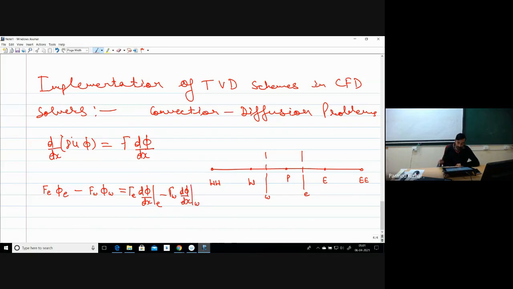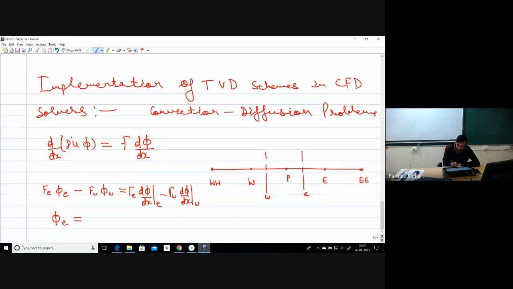Now if I have to estimate the fluxes using the TVD scheme, what will be the expression for phi E and phi W? What will be the expression for phi E?